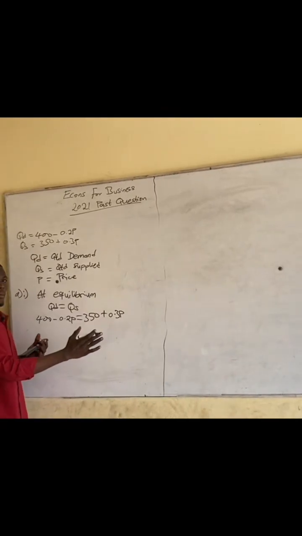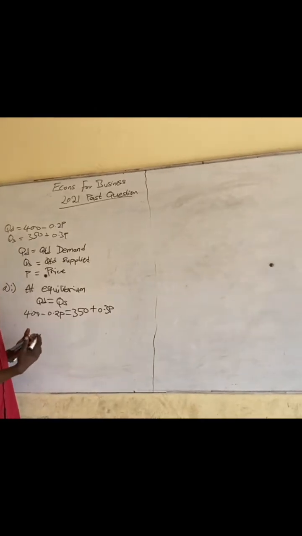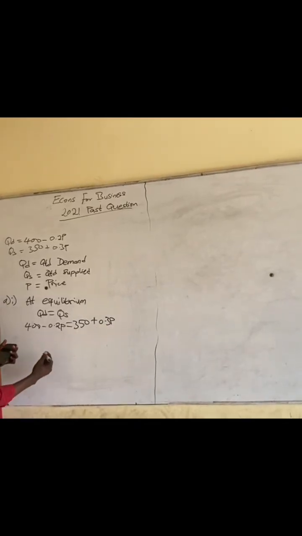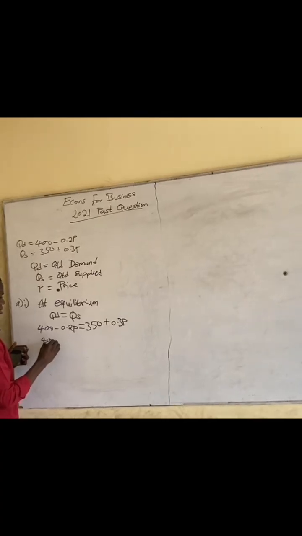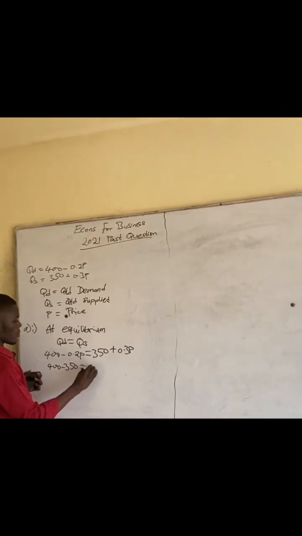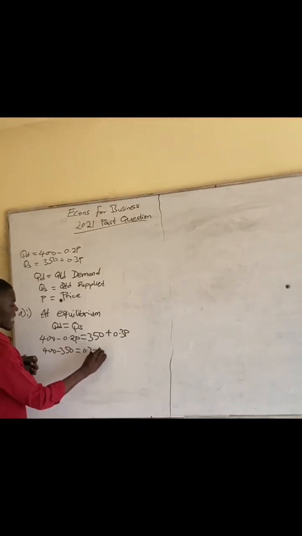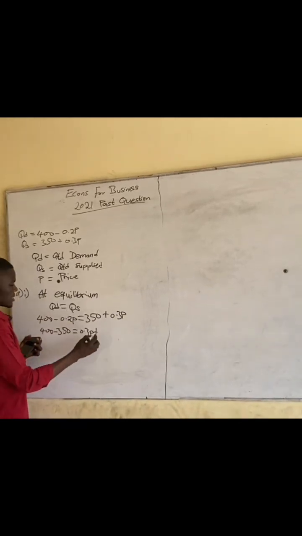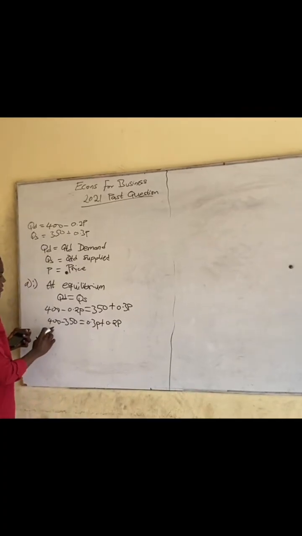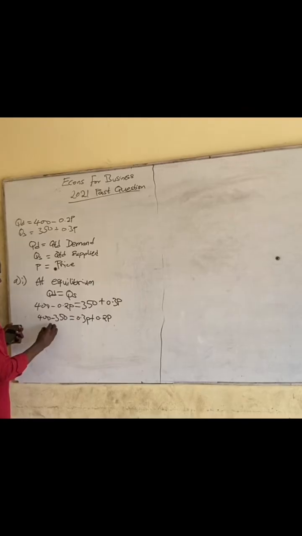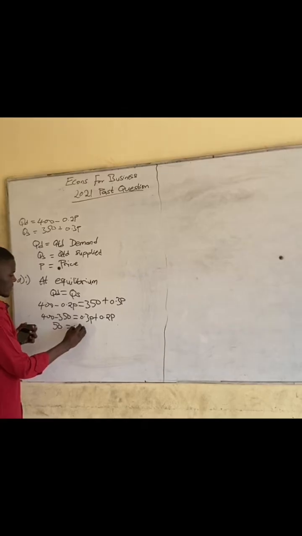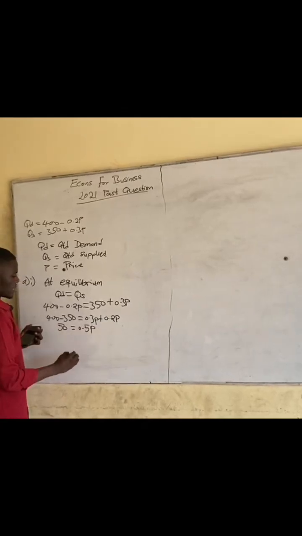It's left with the basic mathematics that we usually do. You group like terms and then find P. So 400 minus 350 equals 0.3P plus 0.2P, making it positive. Here, 400 minus 350 gives you 50, equals 0.5P.